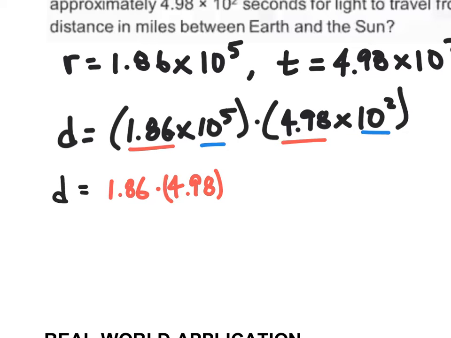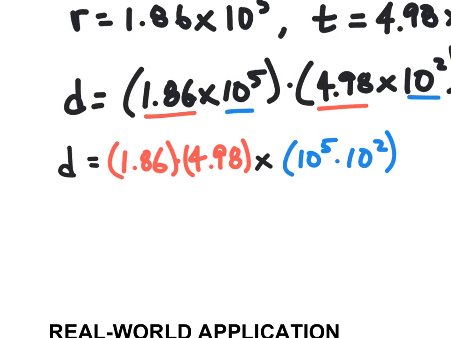I'm going to multiply those two numbers together times 10 to the fifth times 10 squared. Once I've done this, let me just do 1.86 times 4.98, and that's going to give me 9.26, which is kind of nice.